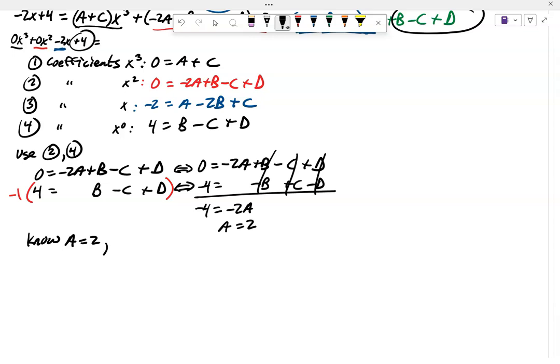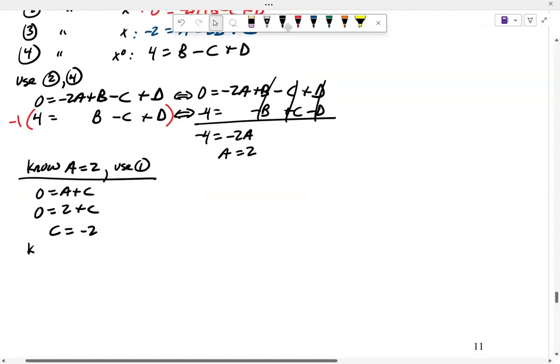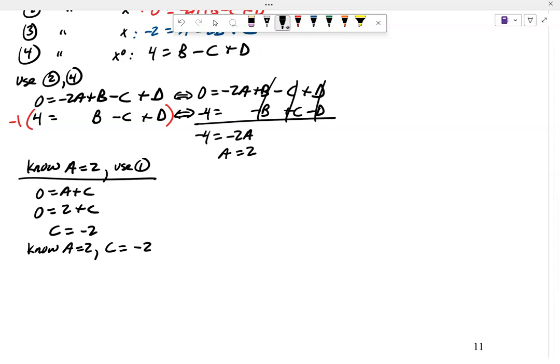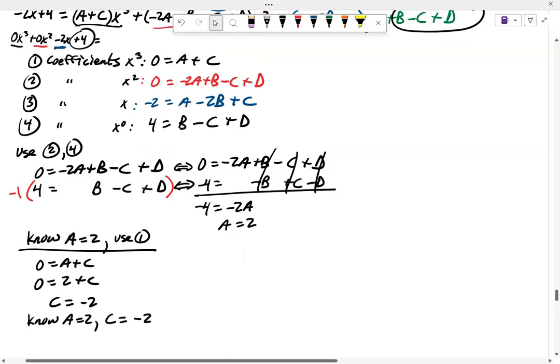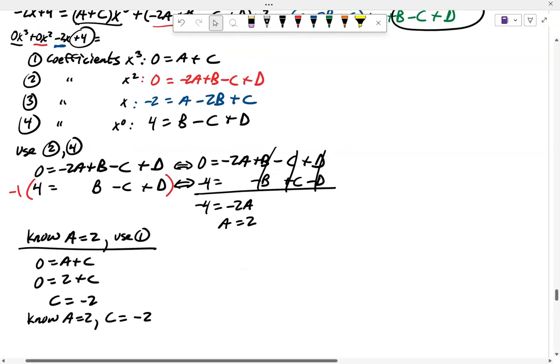Since I know a is 2, I'm going to just use equation number 1. 0 equals a plus c. So I got 2 plus c, so now I know c is -2. Now I know a is 2, c is -2. Let's use 3, because I'll have a and c.